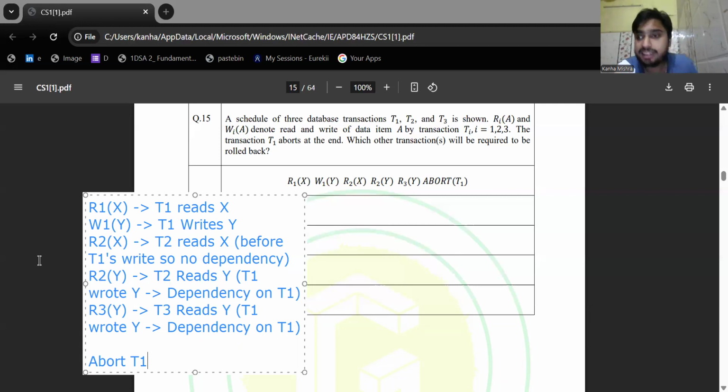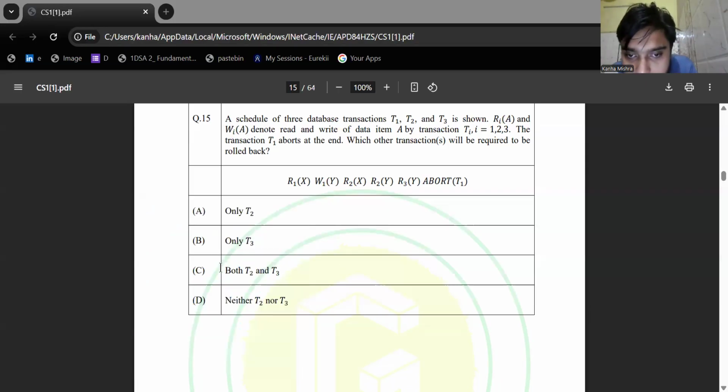So this is what we understand from the particular question. Which other transactions should we roll back when we abort T1? T2 and T3 should roll back because they are dependent on T1. So as per the given question, option C, both T2 and T3, is the correct answer.